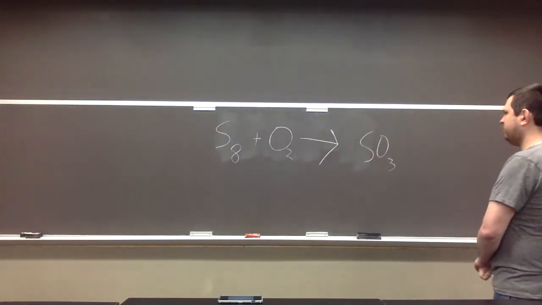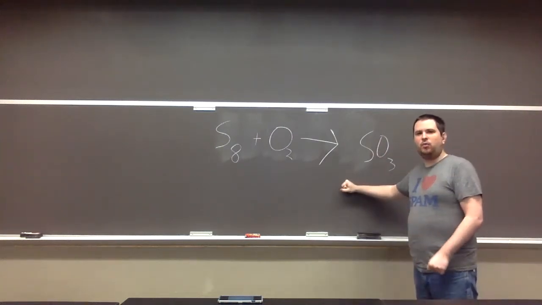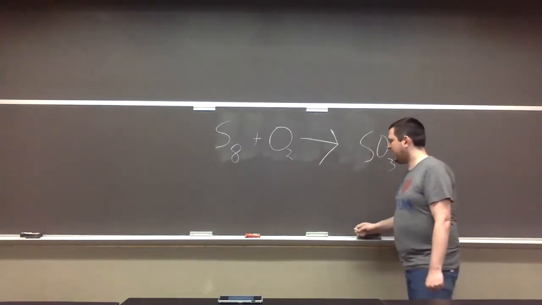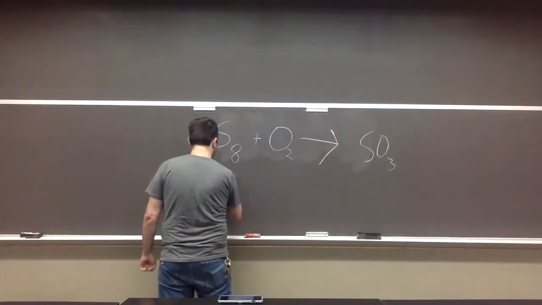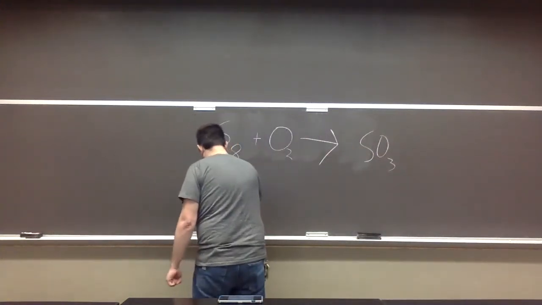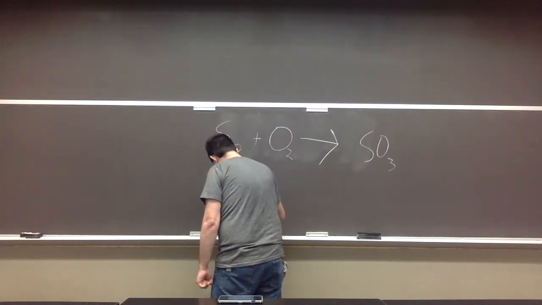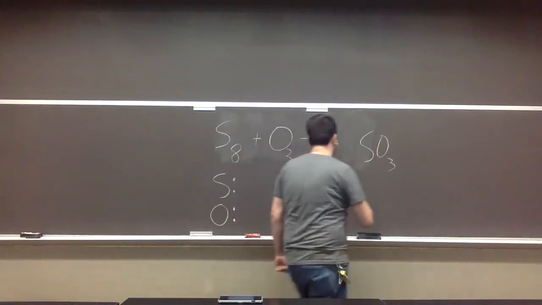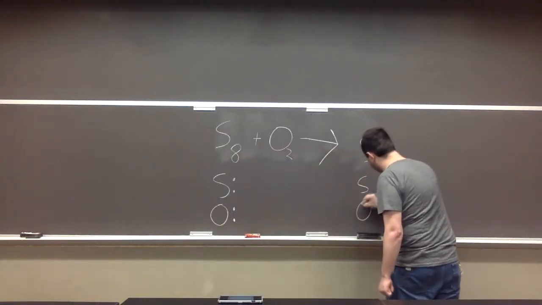So first off, we need to write what elements we have. We have two again in this. Just sulfur and oxygen.